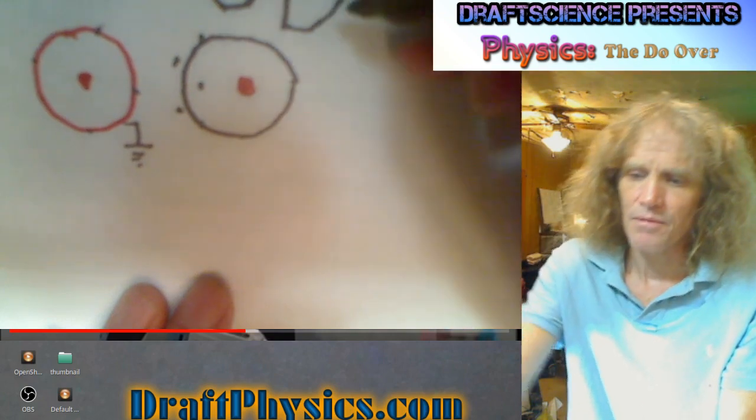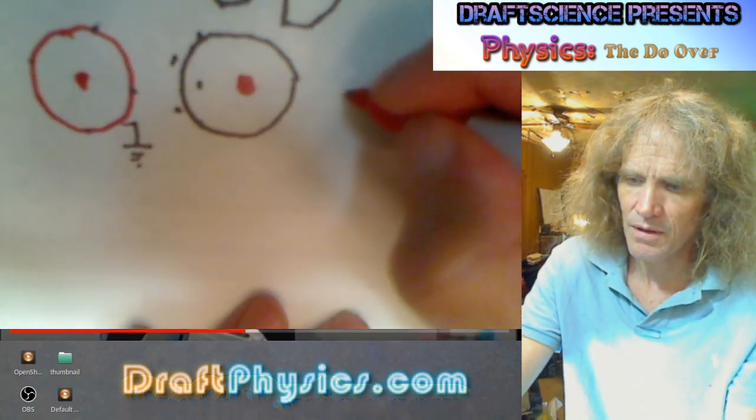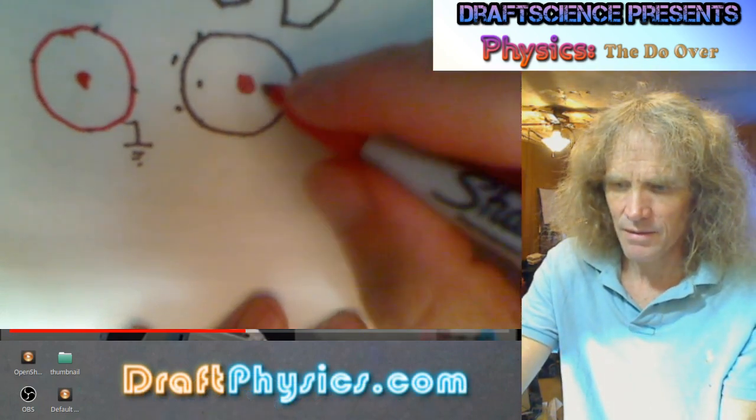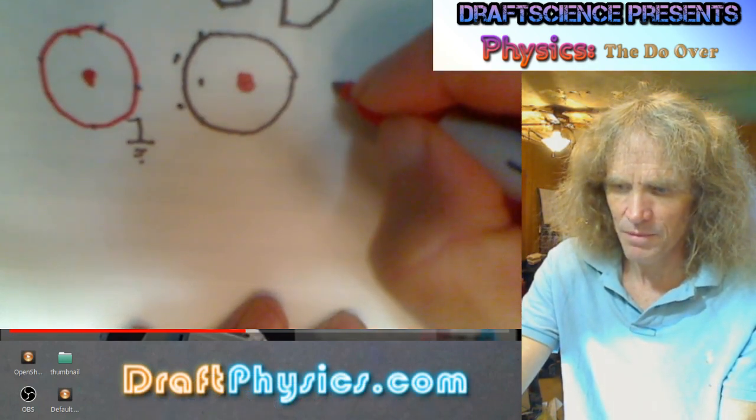And the point is that one side is electron heavy, and that if you viewed it from this side, the proton is the dominant player.